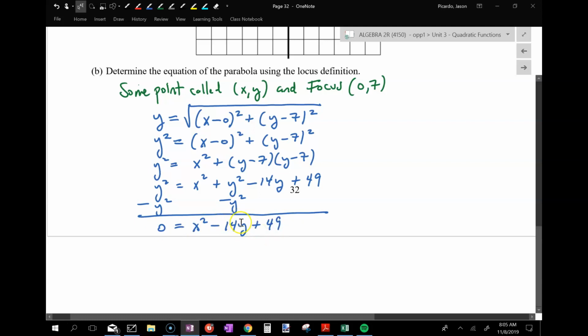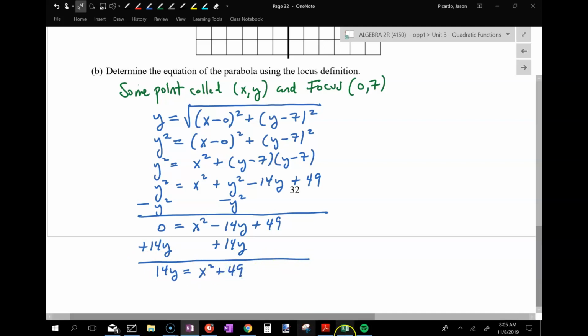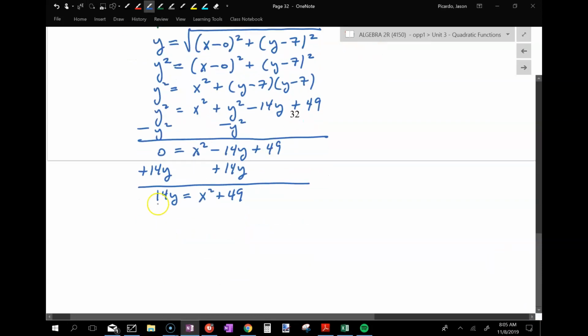Now I got to move this term over with the 14y because I'm trying to solve for y. That gives me 14y equals x squared plus 49. And so divide by 14. And that is an equation of my parabola.